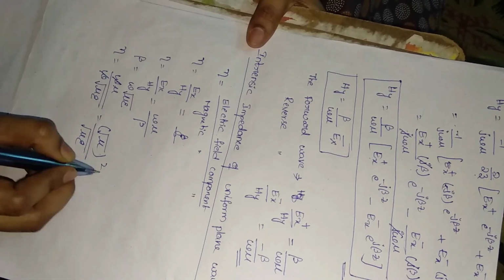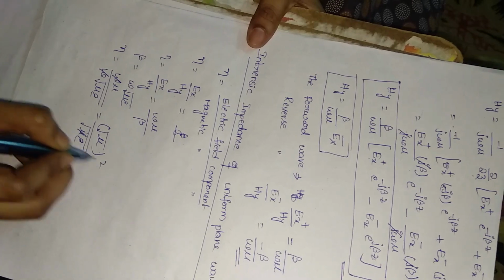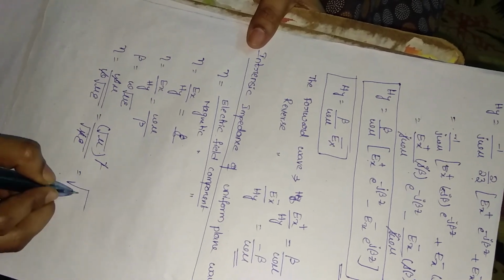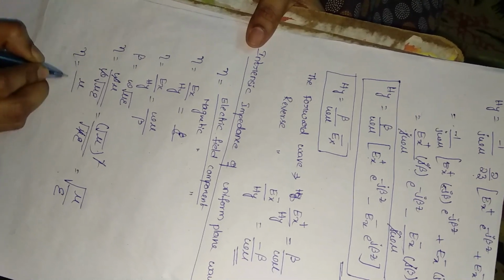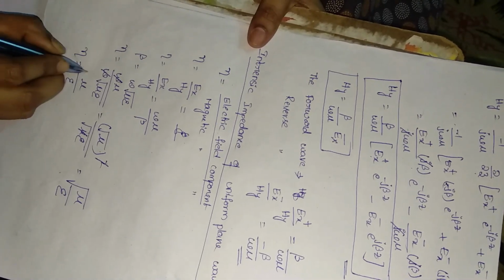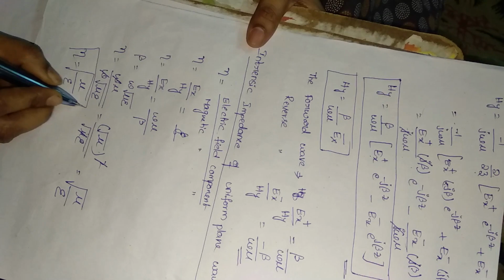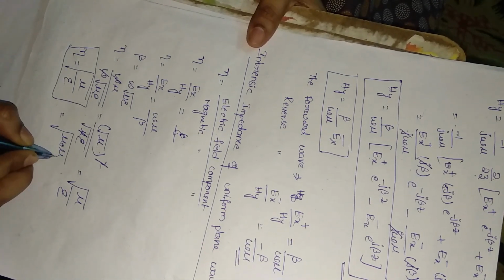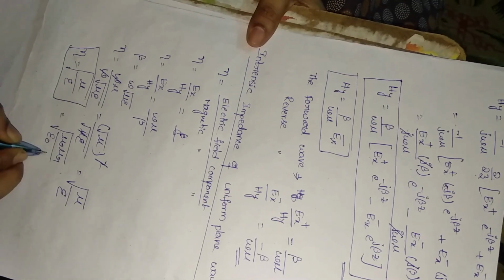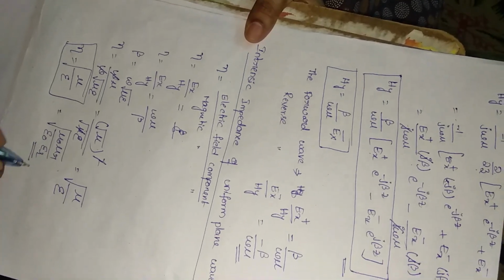Mu can be written as square root of mu whole square. So that is equal to square root of mu by epsilon. Therefore, the intrinsic impedance of a uniform plane wave is square root of mu divided by epsilon, where mu is equal to mu naught into mu r and epsilon is equal to epsilon naught into epsilon r.